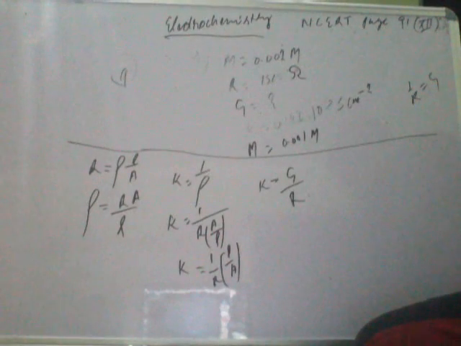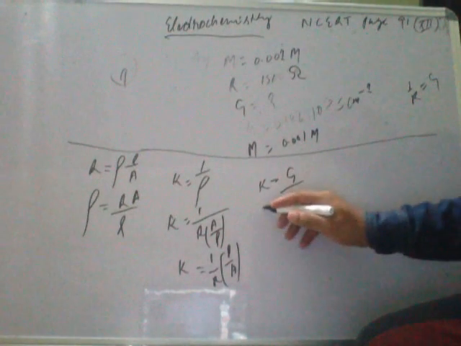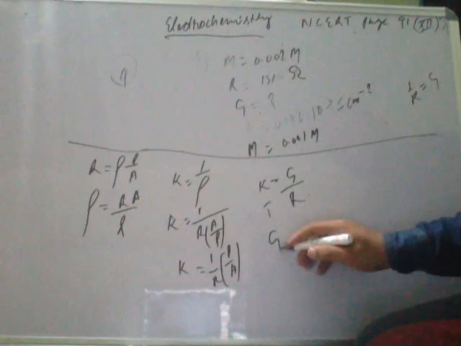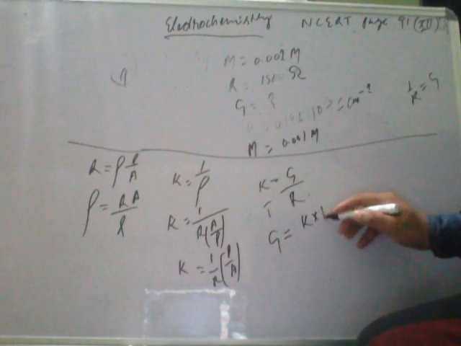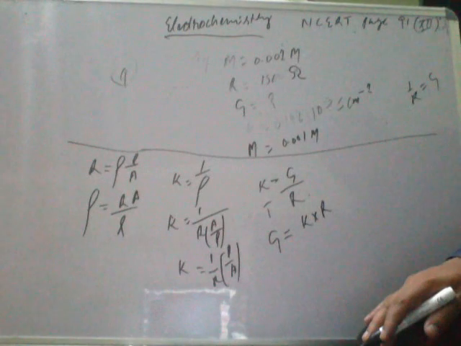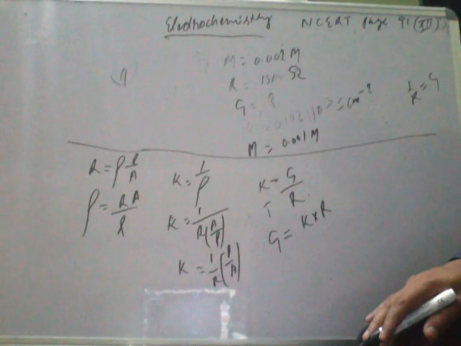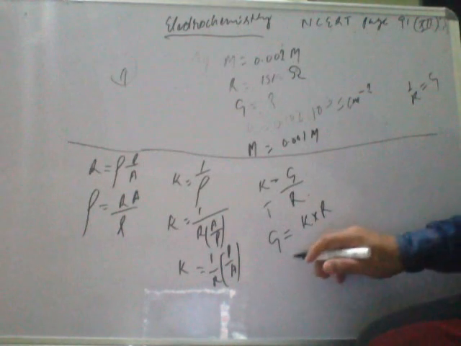So if we are calculating the cell constant G, G is equal to K into R, conductivity into resistance.